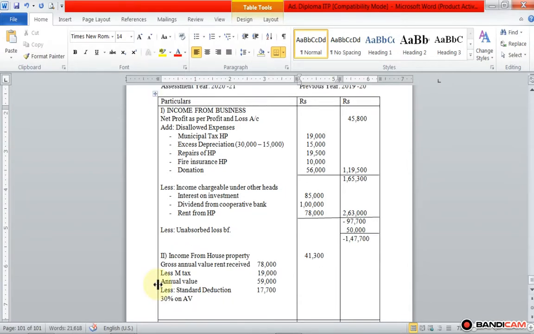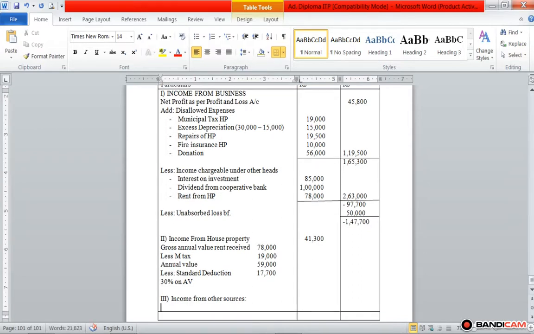Then we find out the third head of income, that is income from other sources, which we already found. So interest on investment 85,000. Then dividend from cooperative bank, 1 lakh.